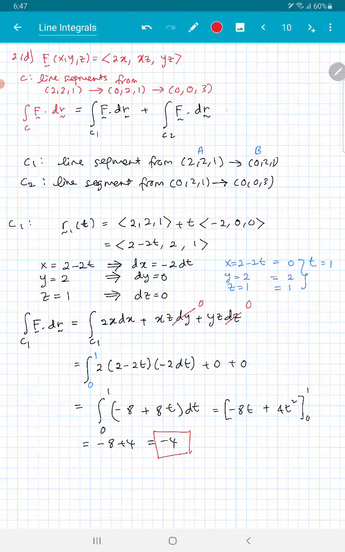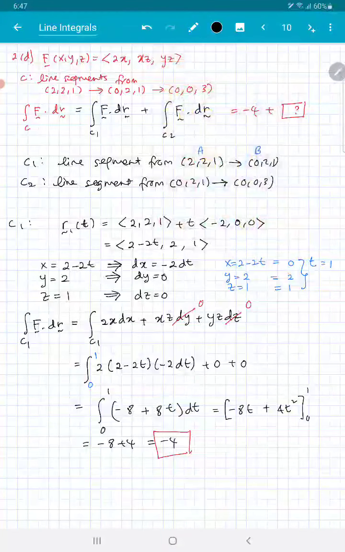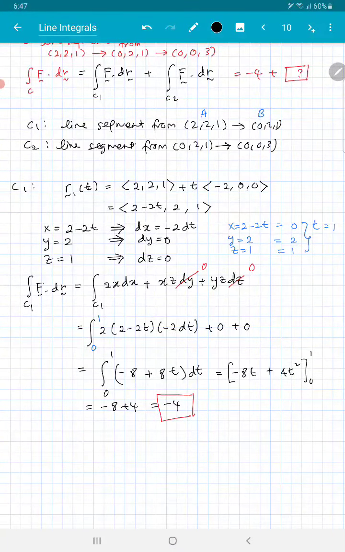So this is equal to negative 4, and then we just need another value, another work, F dot dr along curve C2. Now we're going to proceed to the next curve, which is curve C2.